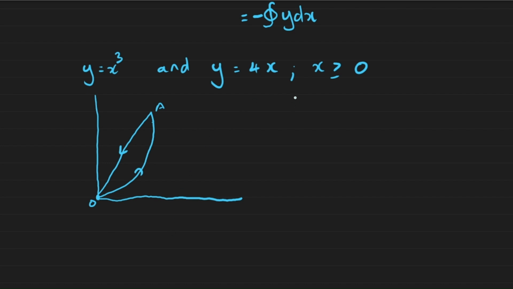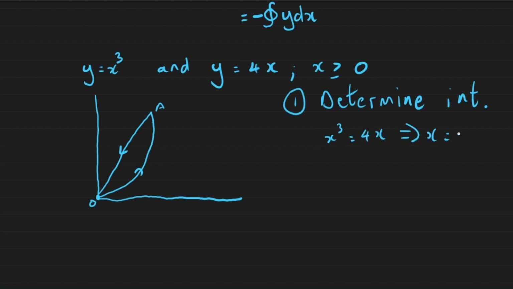So the first step that we need to do is determine the intercepts. When we do that, we just need to set x cubed equal to 4x, and then we easily see that x is equal to 2, and of course 0. So the intercepts are basically 2 and 0.